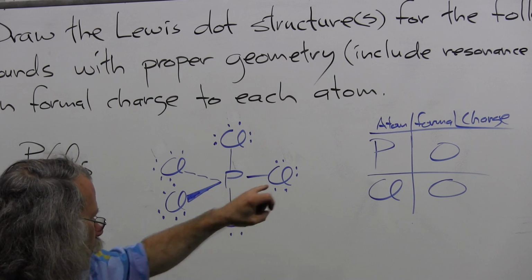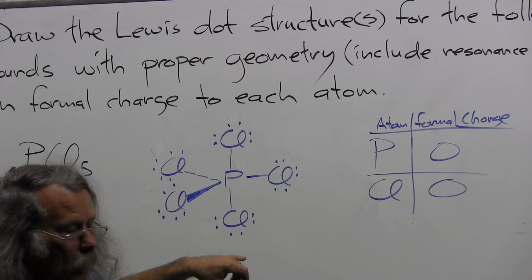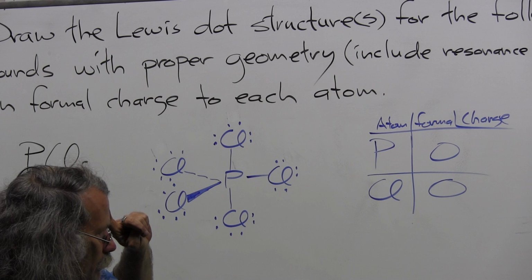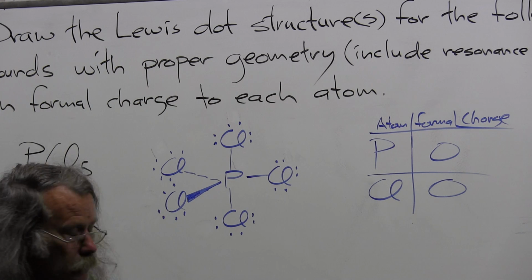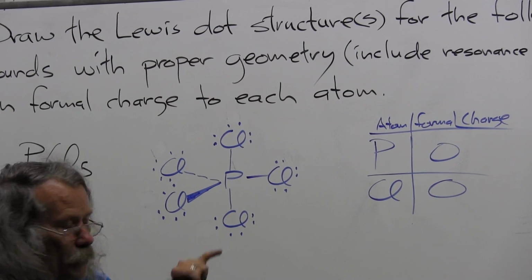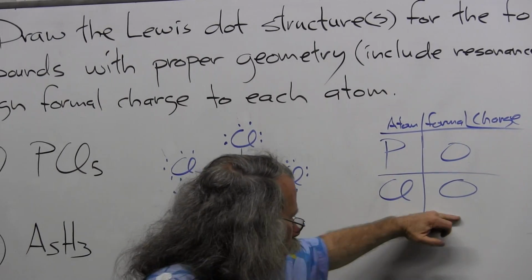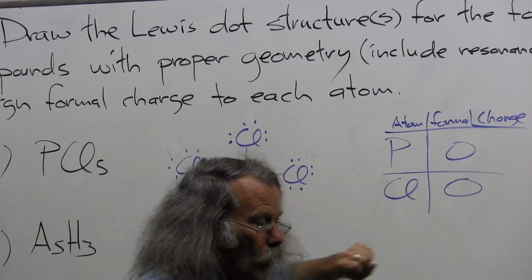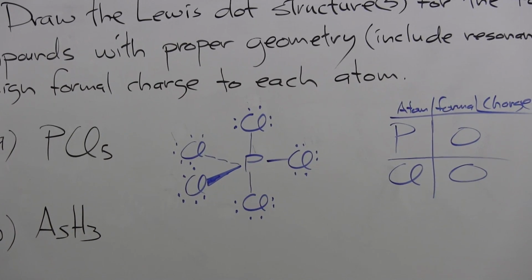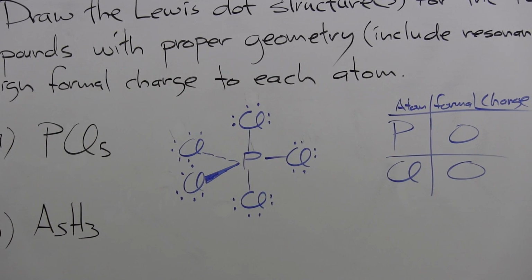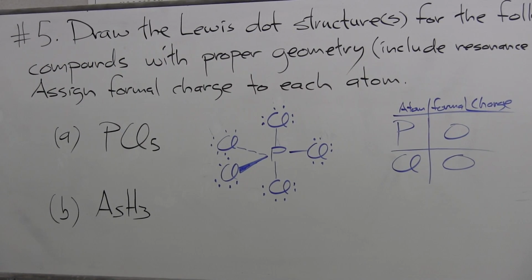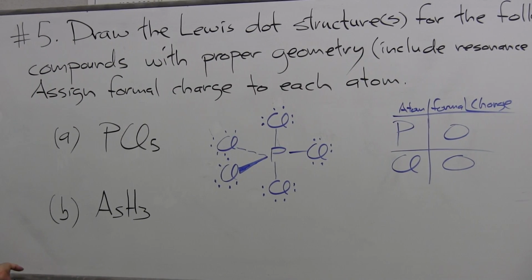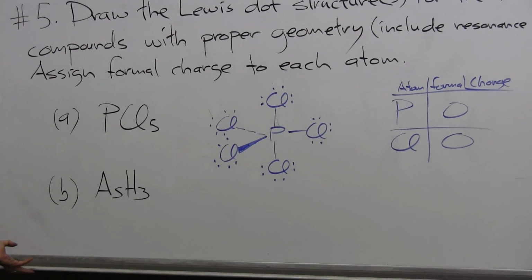I would number the atoms and then say, in the event that there were inequivalent atoms, I would number them and then give the formal charge in a table like this over on the right-hand side. And so that answers that question in as clear a fashion as I can think of. And that would be the most acceptable approach.